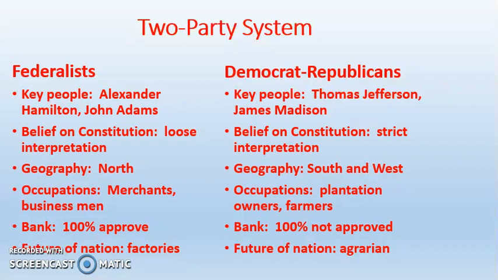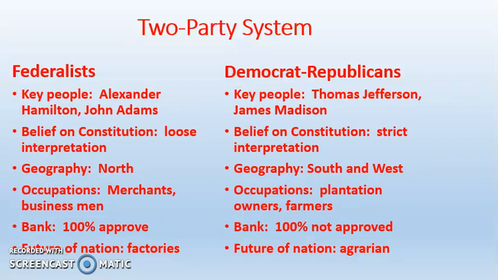Federalists typically live in the North. I mean, if you look at Hamilton's economic plan, look at all the things that it really did do. It helped the North. When you look at the geography, where you would find Democrat-Republicans, they're southern and in the west. So you see farmers, you see plantation owners. Same thing with the Federalists: the Northerners tend to be merchants and businessmen.